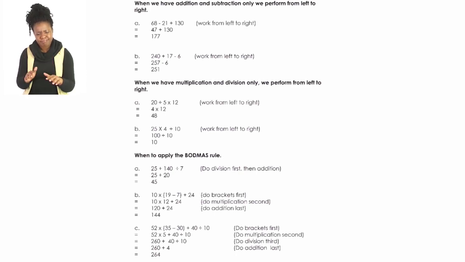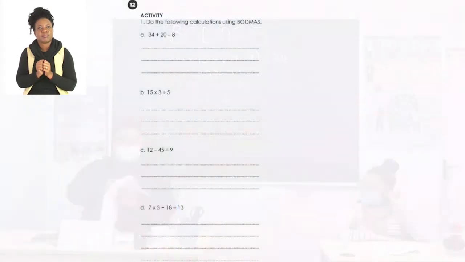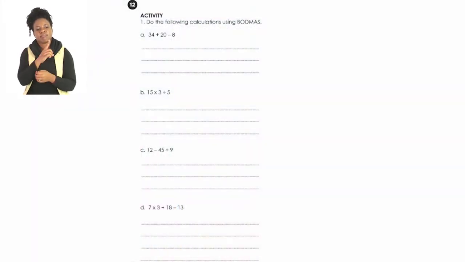Boys and girls, I hope you understood BODMAS. Just follow BODMAS always from left to right. And now we can turn to page 12, where we have a very nice activity for you guys to do. Now let's go through our activity. It says, do the following calculations using BODMAS.